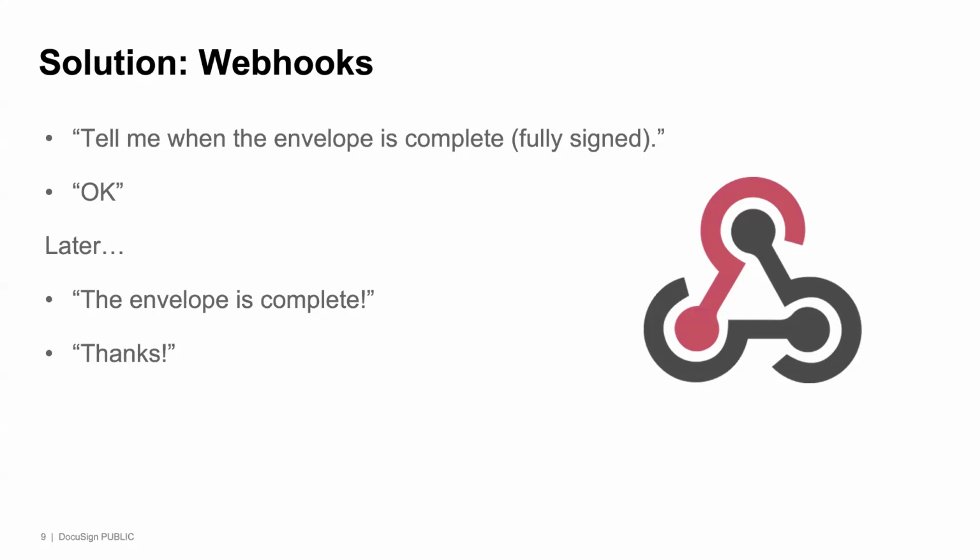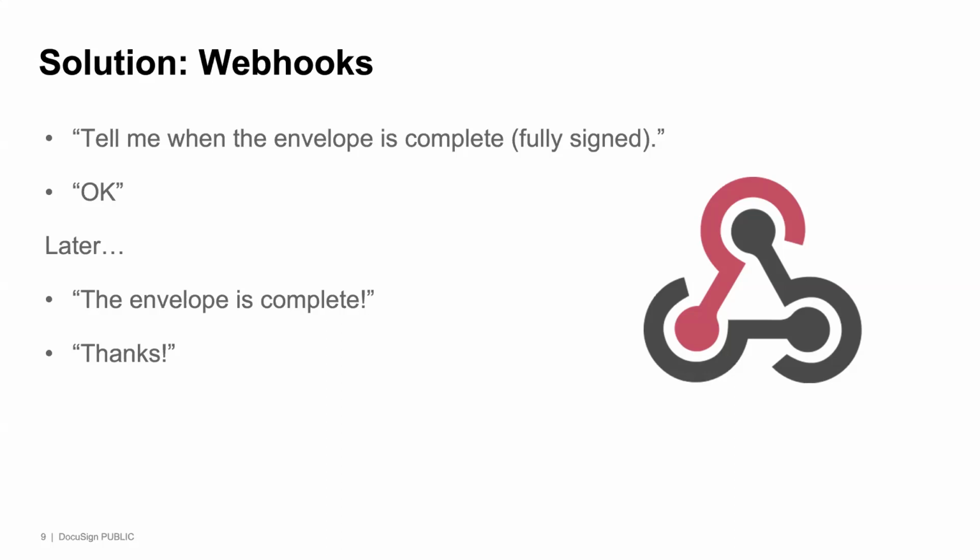Now, the first part, subscribing to webhook events or envelope events, is done either through the API or through the DocuSign eSignature administration tool. Either way is effectively the same, and you then have things set up to receive notifications.